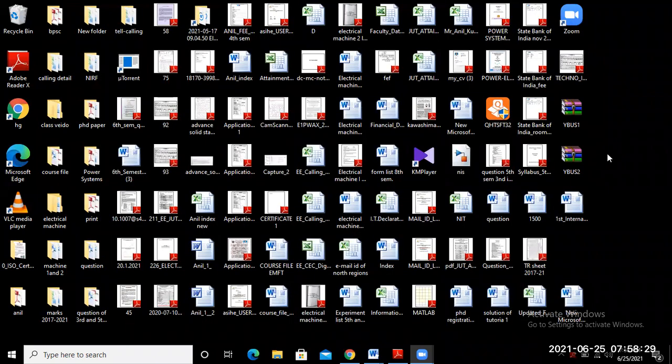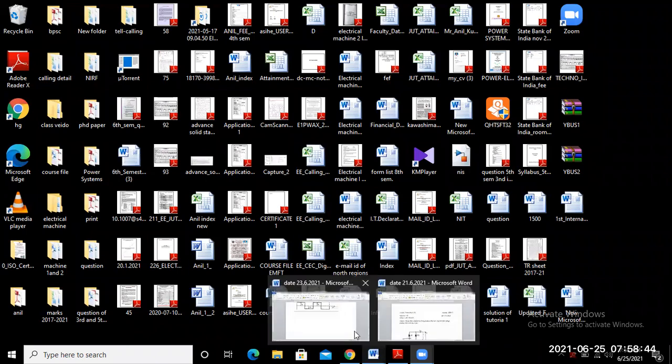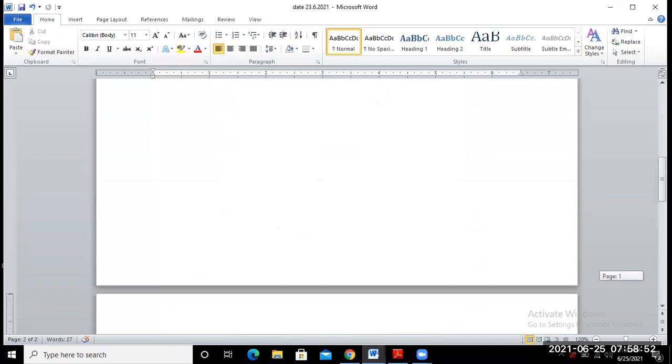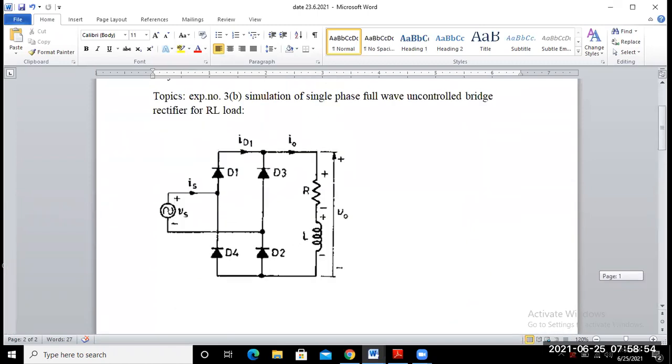That means only the load changes. In the previous class we discussed the resistive load, but today we are going to another load, that is known as the RL load. Let's see the circuit diagram, and how we can obtain the average output voltage, output current, and the RMS voltage.